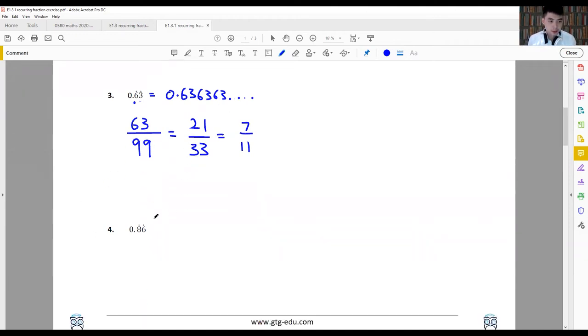Next one, I'm sure you guys have figured it out by now. 0.86 recurring is actually representing 0.868686. To convert this into a fraction, all you have to do is, again, divide it by 99. You're supposed to get 86/99. That's the answer. It can't be further simplified, so 86/99 is the simplest form.